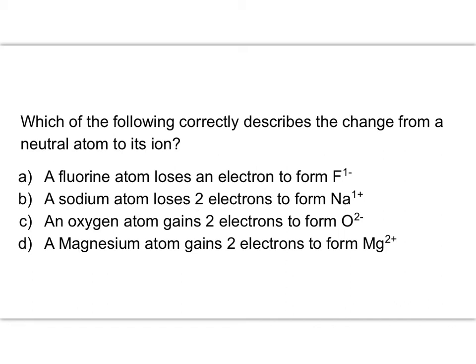Well, an atom losing an electron would actually create a positive ion. So that eliminates this. Sodium atom loses 2 electrons to form Na1+. Well, losing an electron does form a positive ion, but if you lose 2 electrons, you'd have a charge of 2+, so that's incorrect.